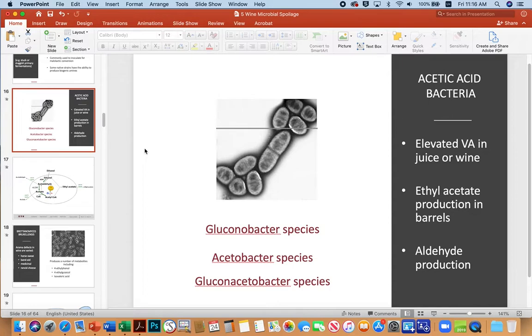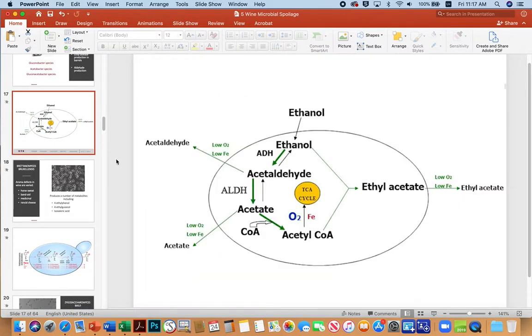These guys obviously produce elevated VA in wine or juice that has a little bit of oxygen available for them. They can also produce ethyl acetate and aldehyde. The good thing about these being gram-negative is that if you suspect elevated VA or you've measured elevated VA, you can dip in and do a quick gram stain, and if you see small gram-negative rods, that's pretty diagnostic.